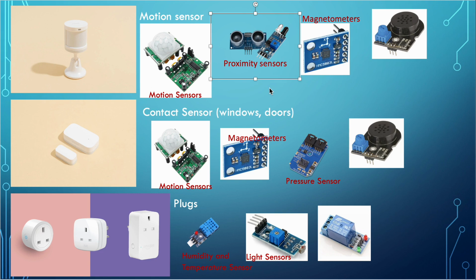From that we can calculate what we need. For example, the motion sensor is the ideal sensor for detecting motion, but proximity sensors would have the properties to detect that.